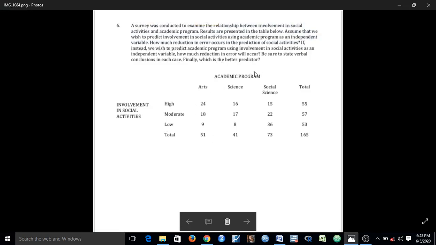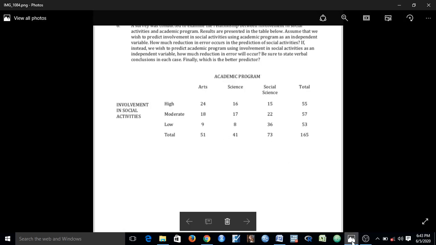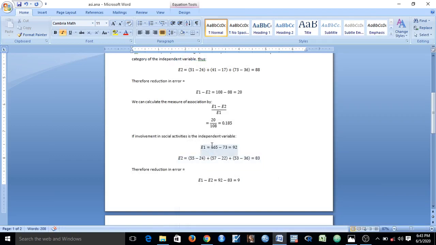Academic program is now the dependent variable, so 73 is the modal frequency. So 165 minus 73 is 92.